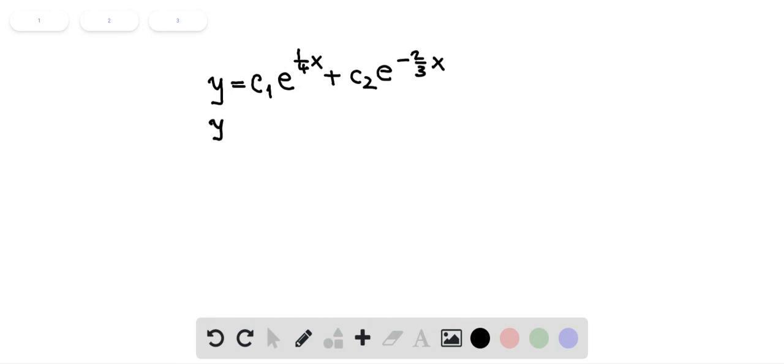We know that y at 0 equals 1, and the first derivative of y at 0 equals negative 1. We will use this information to solve for c1 and c2.